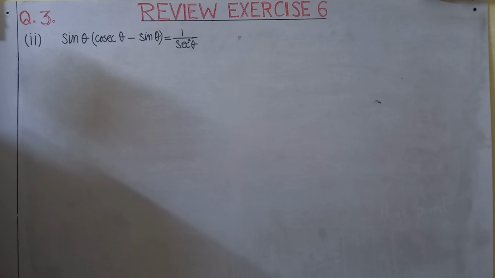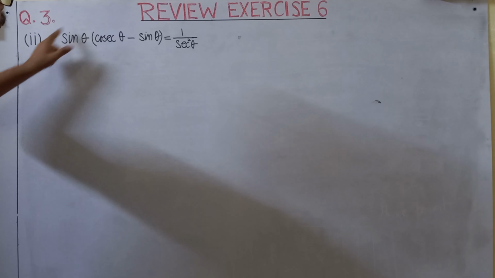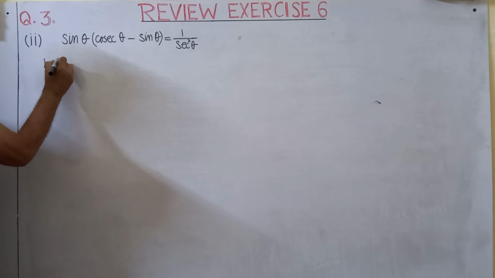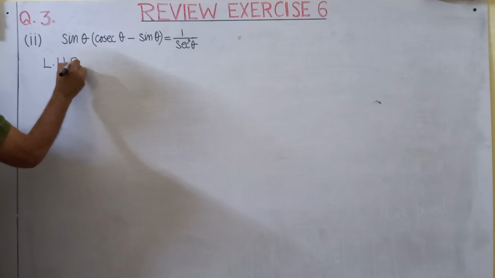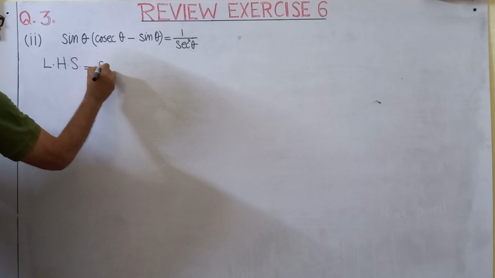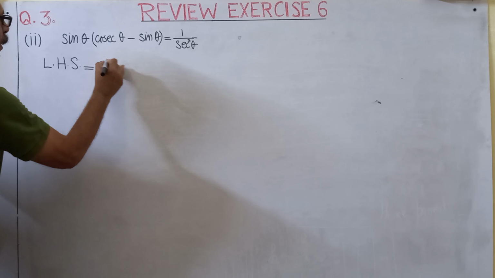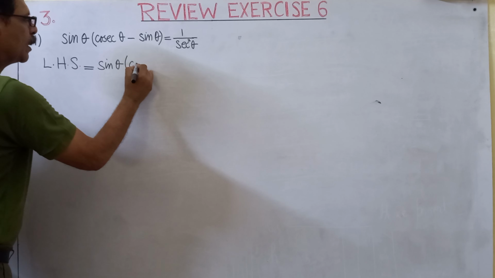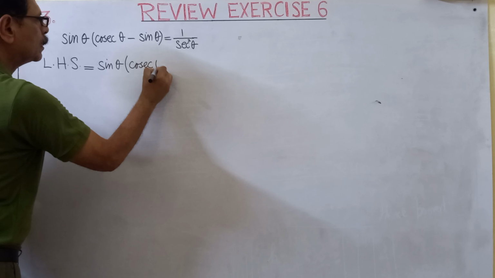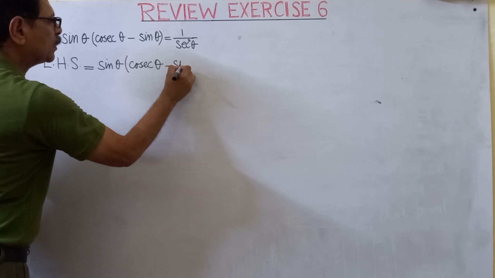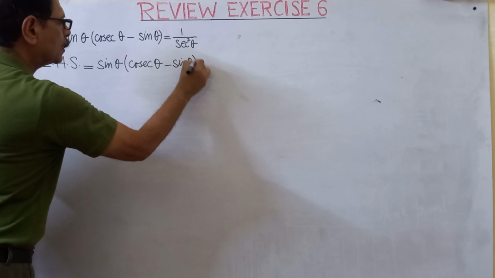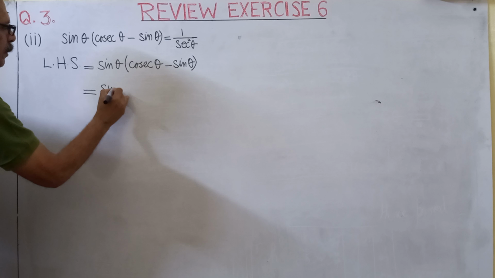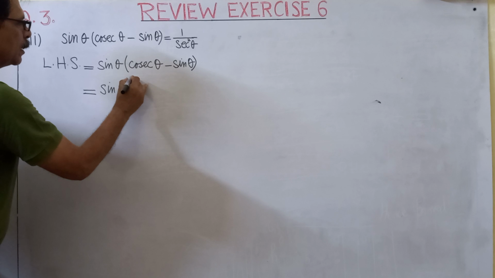Question 3 part 2. Prove this trigonometric identity. Left hand side, sine theta into cosecant theta minus sine theta is equal to sine theta.